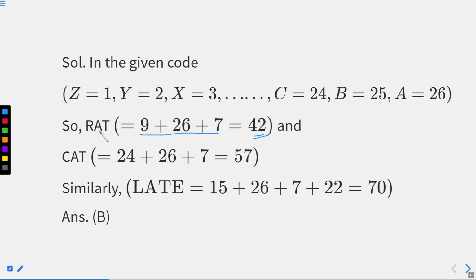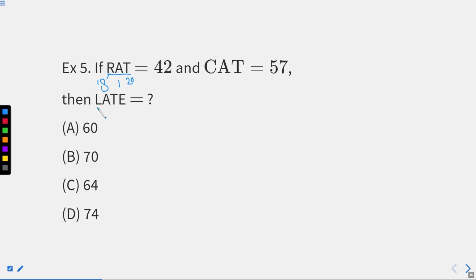So we'll similarly use the concept in the question word, and our question word is late. For L, we know the reversible value, that is 15. I hope that you all are aware of this. For A, it is 26. For T, we have just read, it is 7.